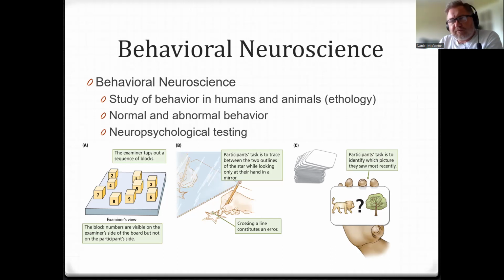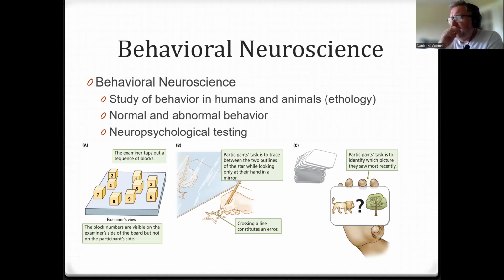But people can learn to do it given practice. So now the idea is how much practice does it take to do this? On the right is simply a simple memory test. In that case, you have to memorize a series of pictures and then go through the cards and do a card sorting task, sometimes based on the order in which certain pictures were presented. So these are various measures of memory.